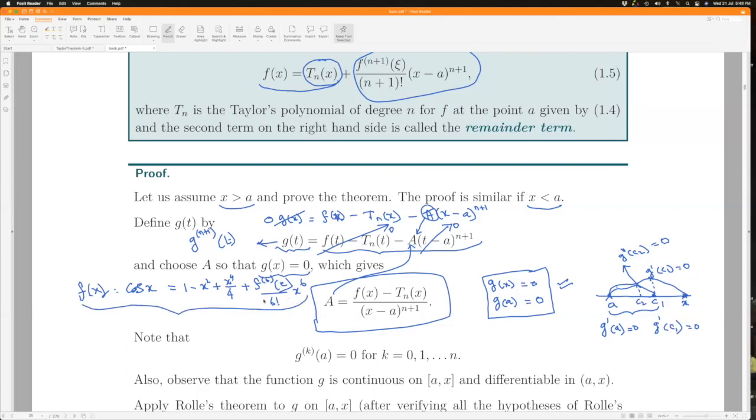Now, in order to prove this, you just have to manipulate the definition of G. That's all. See how you will write G of t equal to cos t minus T4 of t minus A into t minus, we have 0 in our example.